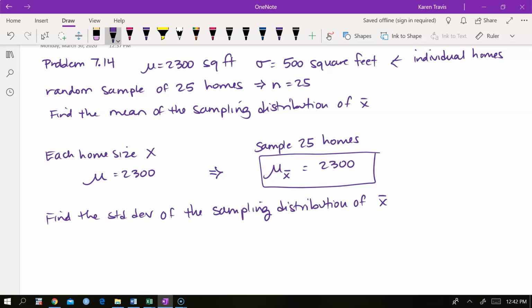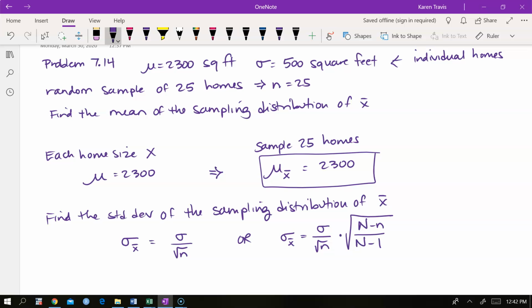So there are two different possibilities. Either the standard deviation of X bar comes from sigma over square root of n, or the standard deviation of X bar comes from sigma over square root of n multiplied by this correction factor.